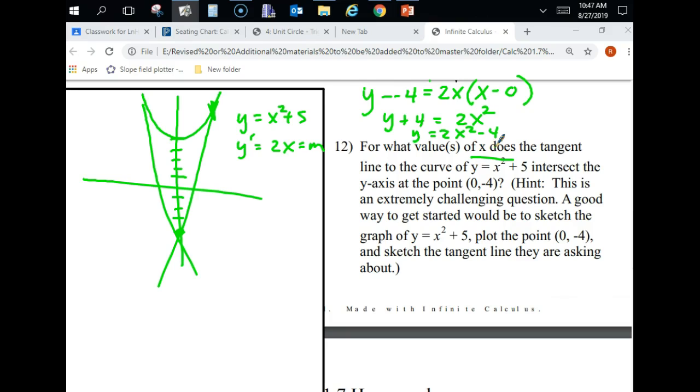So here's what we're gonna do. What else does the tangent line do to this graph? It starts with a T. It's a very simple word. It touches it. And when two graphs touch, what do we know about those two equations at that point? They're equal to each other. So the point where they're touching is where x squared plus 5 is equal to what?